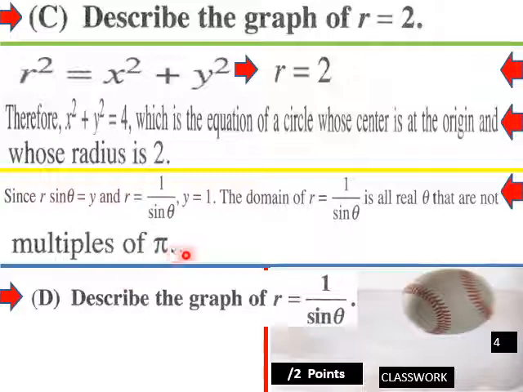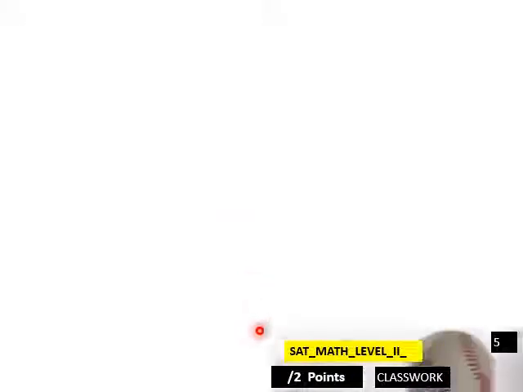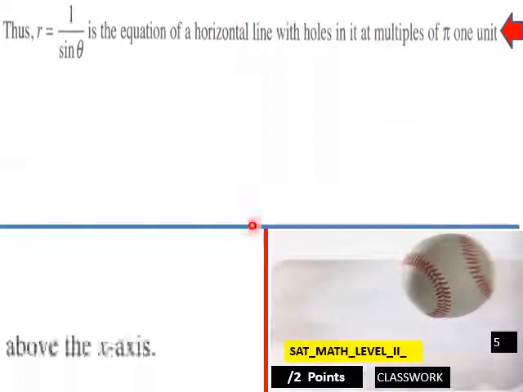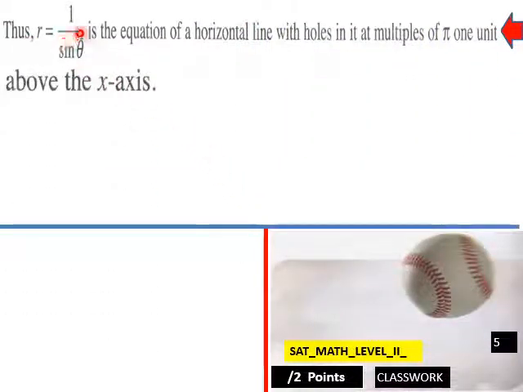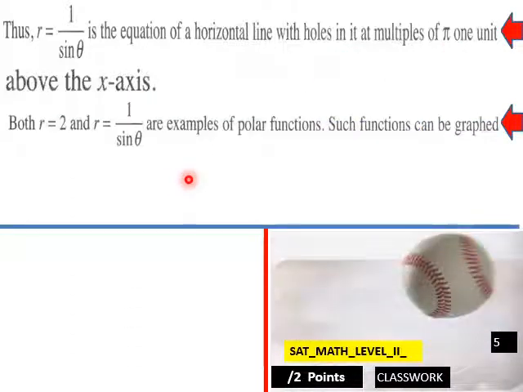So that would be a description of your graph. Thus, r equals 1 over sine theta is the equation of a horizontal line with holes in it at multiples of pi, 1 unit above the x-axis.